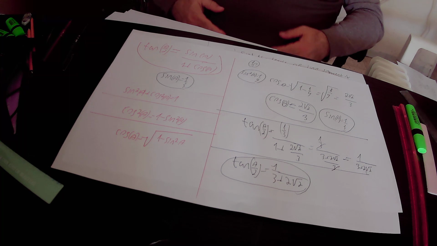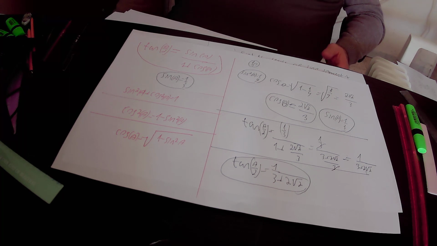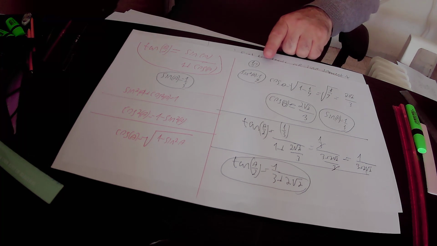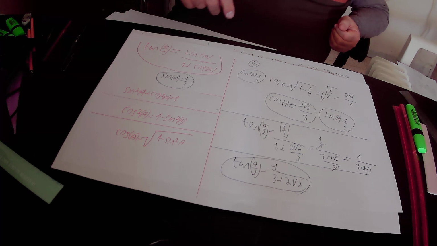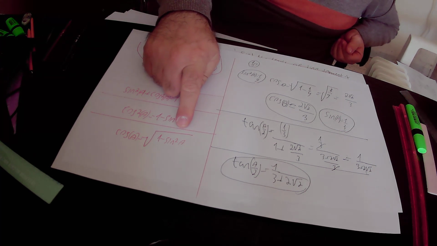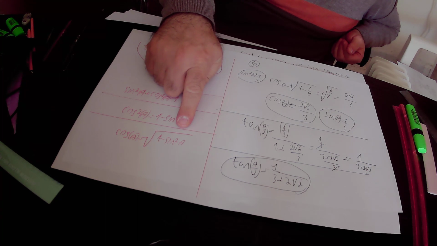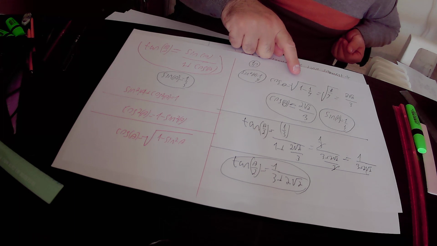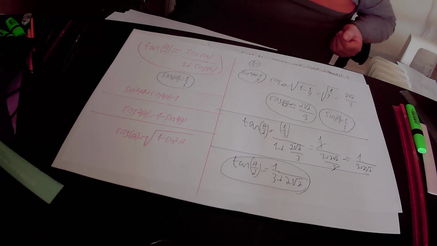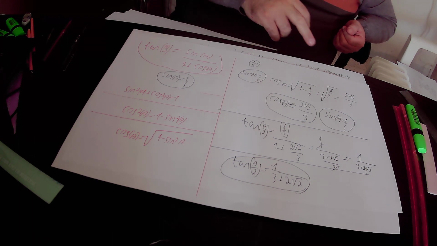And because sine theta equals 1 over 3, sine squared theta will be equal to 1 over 9. So we can substitute sine squared theta in this identity by 1 over 9. We did it, and we got that cosine theta equals the square root of 1 minus 1 over 9. 1 minus 1 over 9 is 8 over 9.